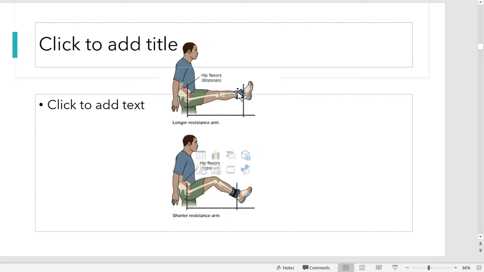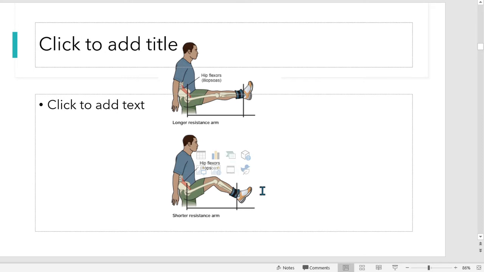At the same time, you will encounter a little bit of decrease in the amount of resistance you're encountering. So therefore, the shorter the resistance arm, the lesser the load applied, or not necessarily, the lesser the effort of the muscle to raise the leg, no?